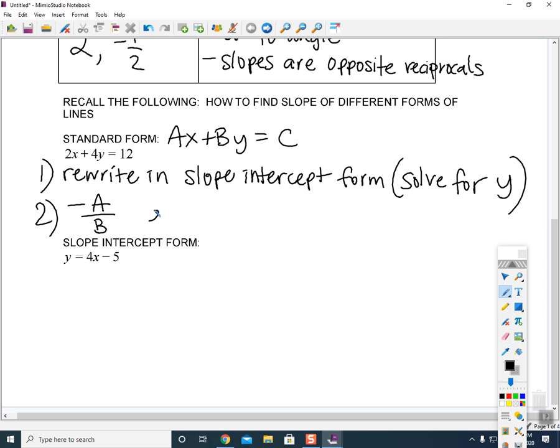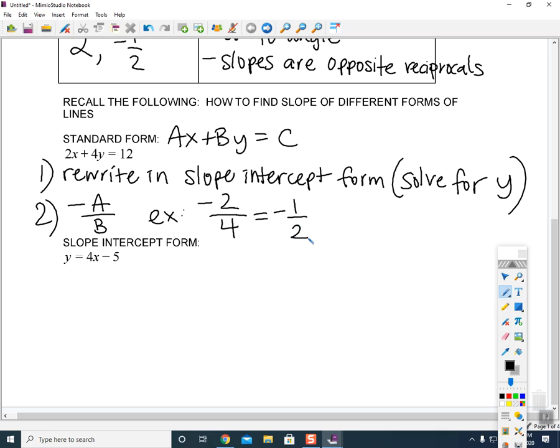For example, I have 2x plus 4y equals 12. My a value is 2, so the opposite of 2 is negative 2. My b value is 4. So the slope of this line is going to be negative 1/2.